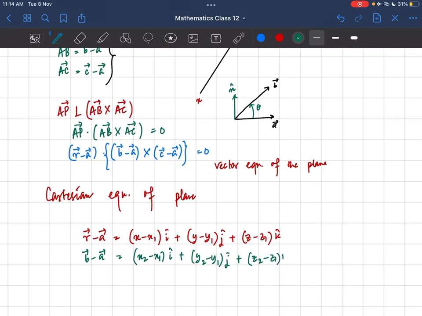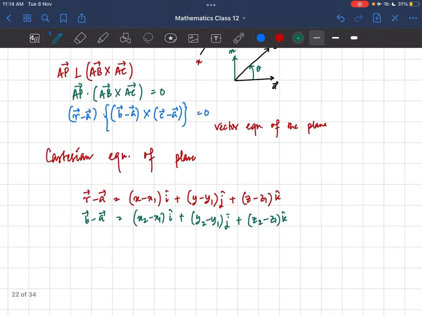And this will be C minus A. The coordinates of point C are x3, y3, z3, so it comes to x3 minus x1 i cap plus y3 minus y1 j cap plus z3 minus z1 k cap.